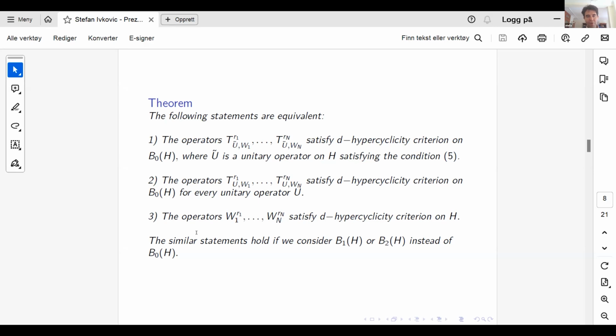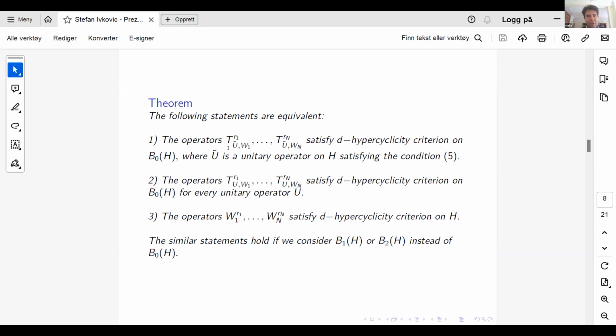And now the third statement is an efficient tool to provide examples. And what does the third statement say? It says that the operators W_1 to the power R_1, up to W_n to the power R_n, satisfy the hypercyclicity criterion on H. So in fact, the main contribution of this theorem is the equivalence between statement 2 and statement 3.